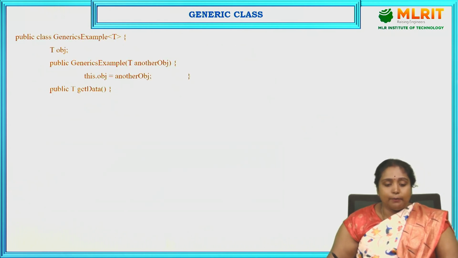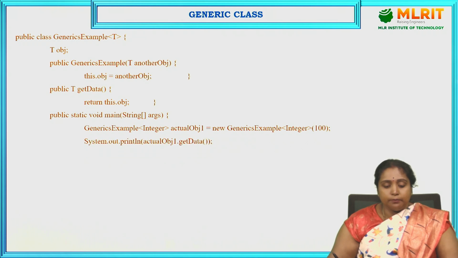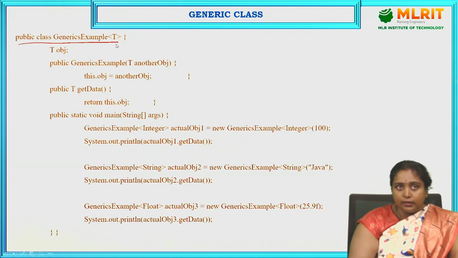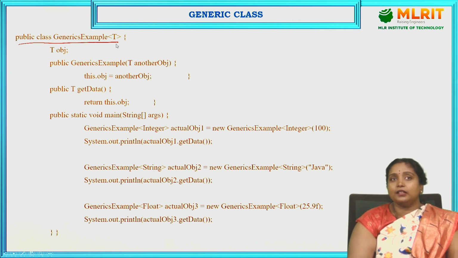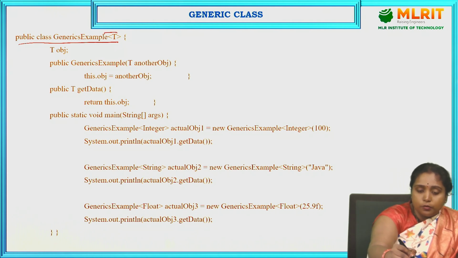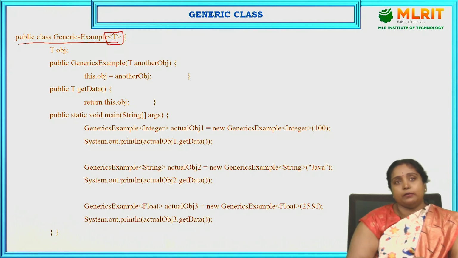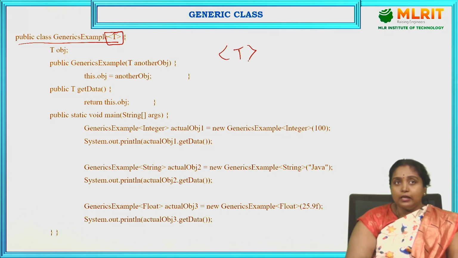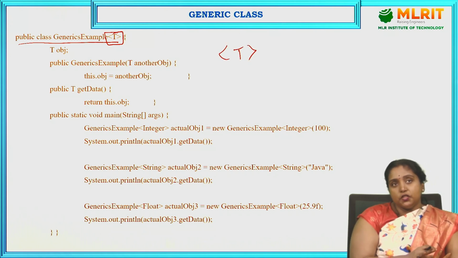Coming to the example program. Here, public class GenericExample is my class name. How can you say it's a generic class? Because we have a type parameter within angular brackets, we say that particular class is a generic class.